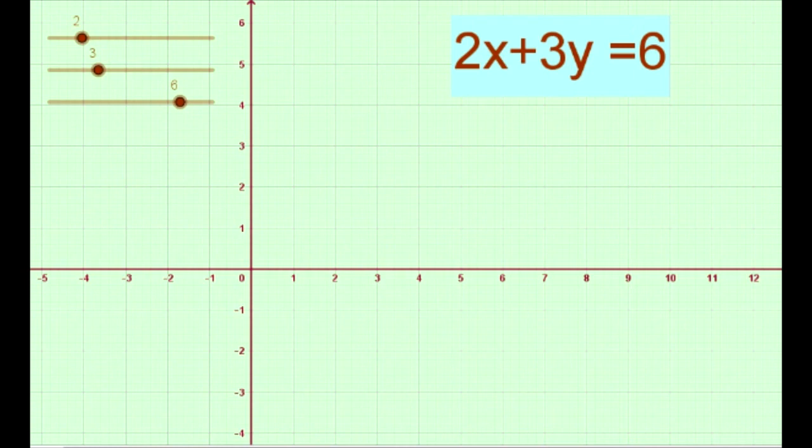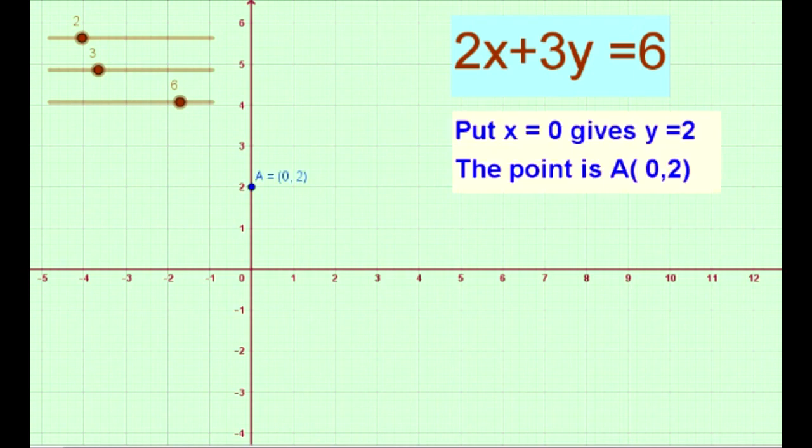For that, first put x is equal to 0 in the given equation. You get y is equal to 2. Therefore, one point on the line is A (0, 2). Now you see the point for that line.